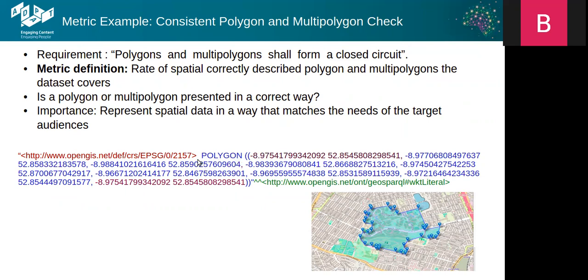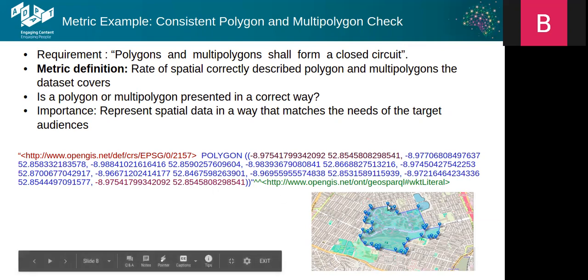So this is an ITM standard. As we see, the starting point and the finishing point of the polygon should form a closed circuit, as you see here. So this is relevant for the boundaries data.